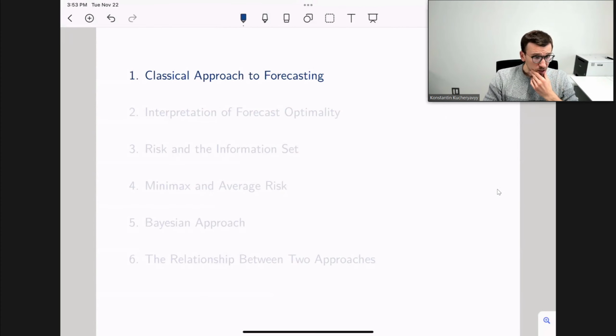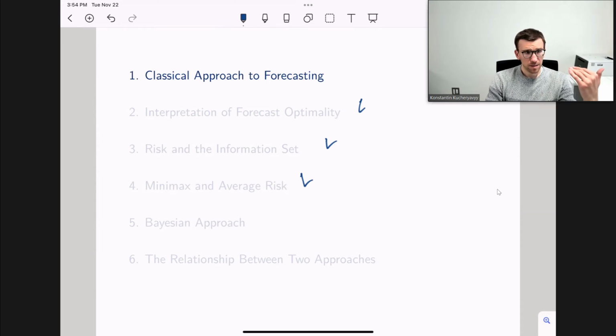Okay, so we start with the classical approach to forecasting, then we will go through all kinds of issues with the classical approach to forecasting, and then we will consider different facets of this classical approach, like interpretation of forecast optimality, risk in the information set, minimax, and average risk.